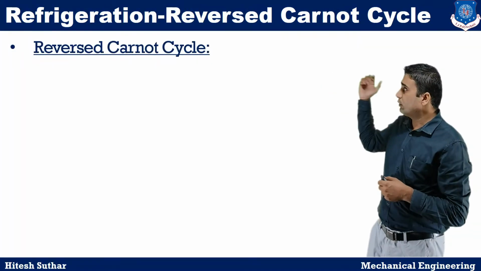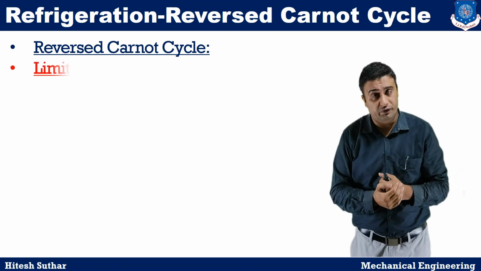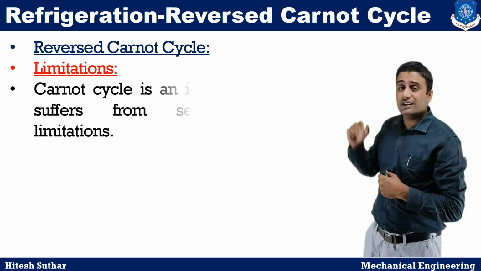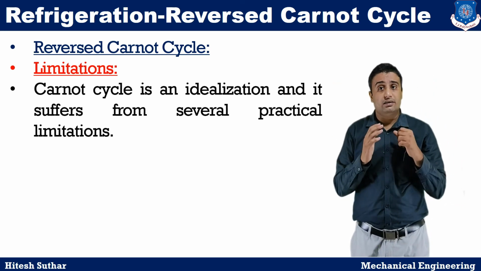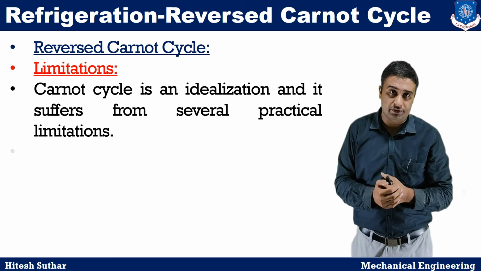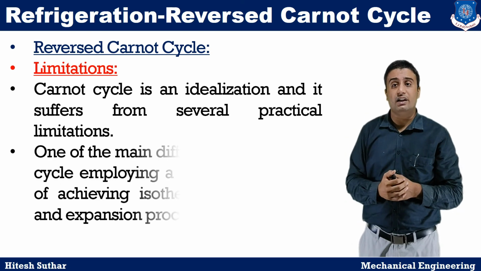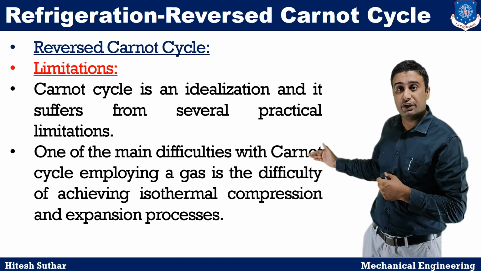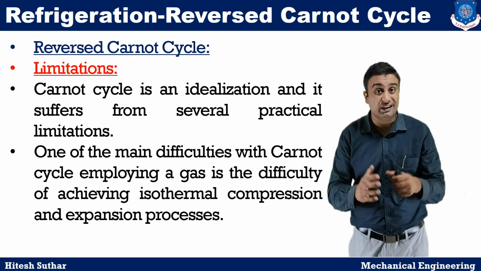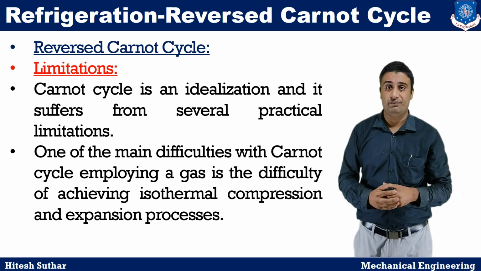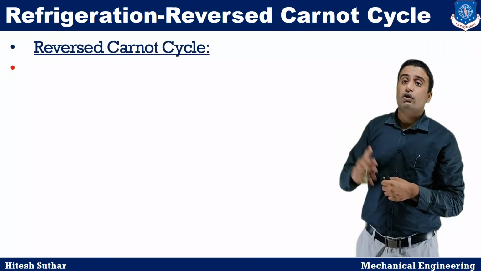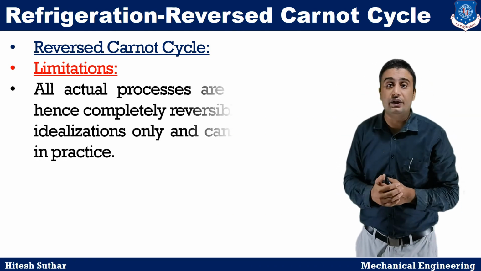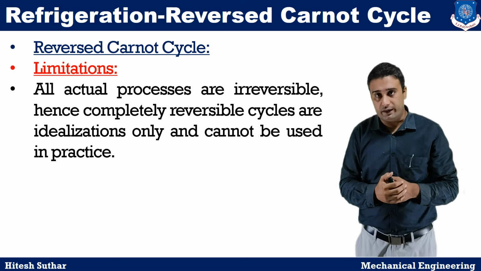Now let's discuss some limitations of the reversed Carnot cycle. First, the Carnot cycle is an idealization and suffers from several practical limitations. One of the main difficulties is achieving isothermal compression and expansion processes. All actual processes are irreversible, so the reversible cycle is only an idealization that cannot be used in practice.